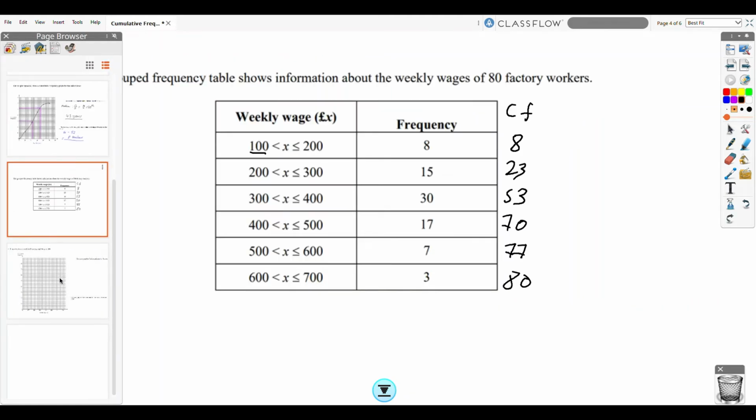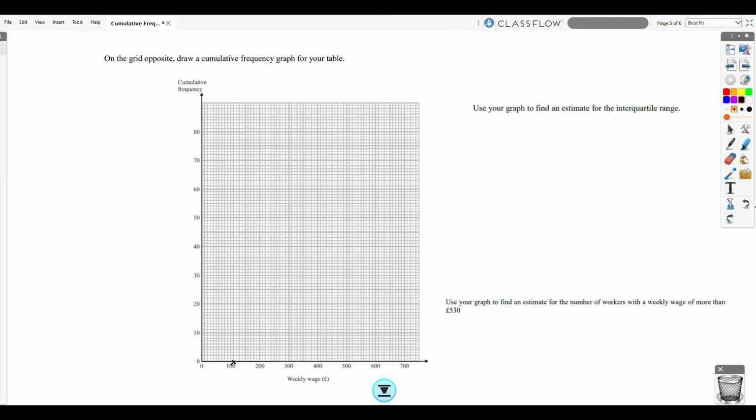Then we're going 8, 23, 53. So at 200 we're at 8. Then at 300 we're all the way up to 23. Then at 400 we're all the way up to 53.